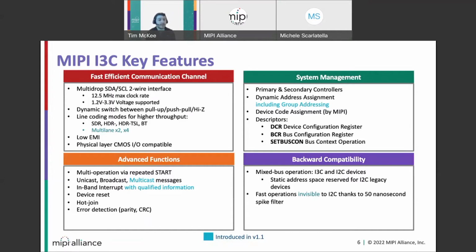I2C is a very prolific technology, and we don't want to leave that behind. And so we've presented ways to include backwards compatibility and be able to have mixed buses with this I3C technology. So that's a quick overview. There's a ton of information. There's tons of features surrounding the I3C bus. Of course, the specifications will go into full detail on all of those.